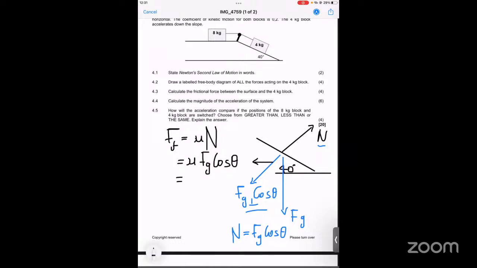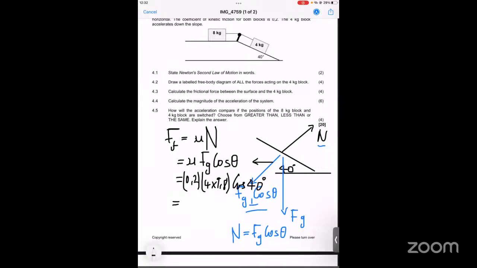What did you do? I did 0,2 times 30,03. So what I wanted to say was mass, which is equal to 4 multiplied by 9.8, and then cos of 40 degrees. Is this what you did? Yes.